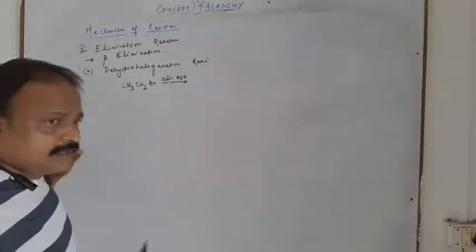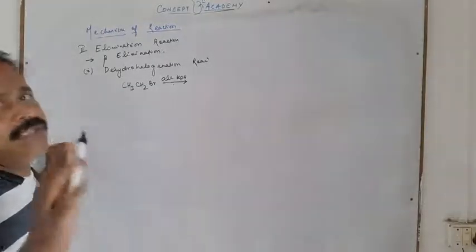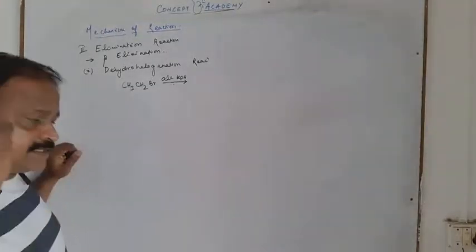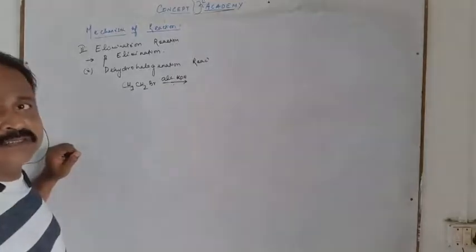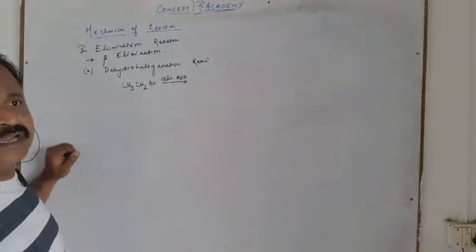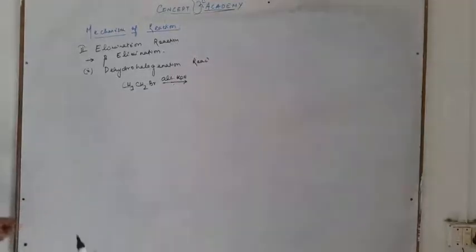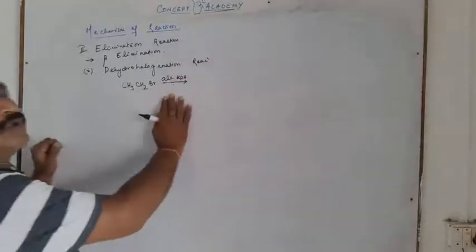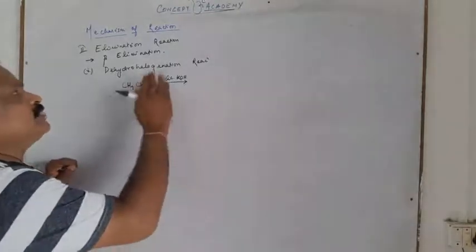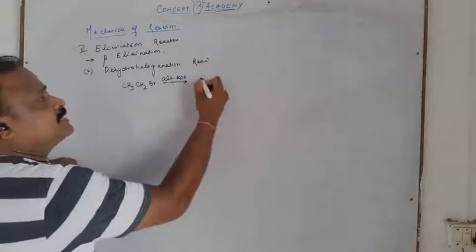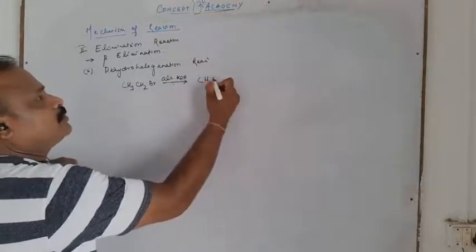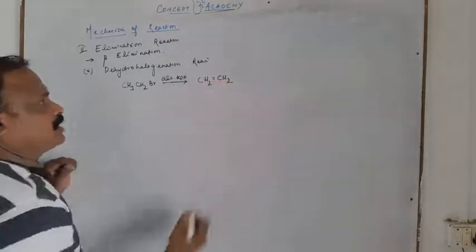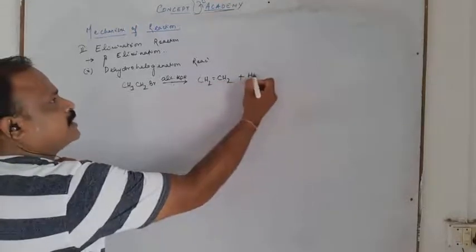In the substitution reaction we had used aqueous KOH in order to get the ethyl alcohol part, whereas here we are using alcoholic KOH. So here we will get ethene, CH2 double bond CH2, plus HBr.